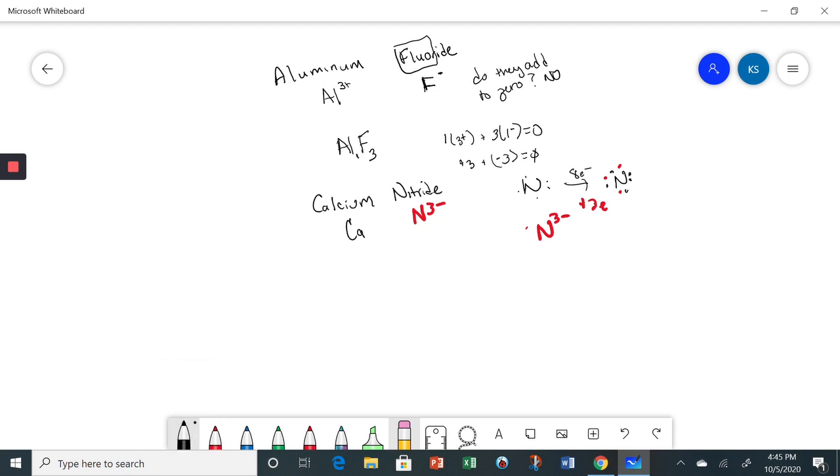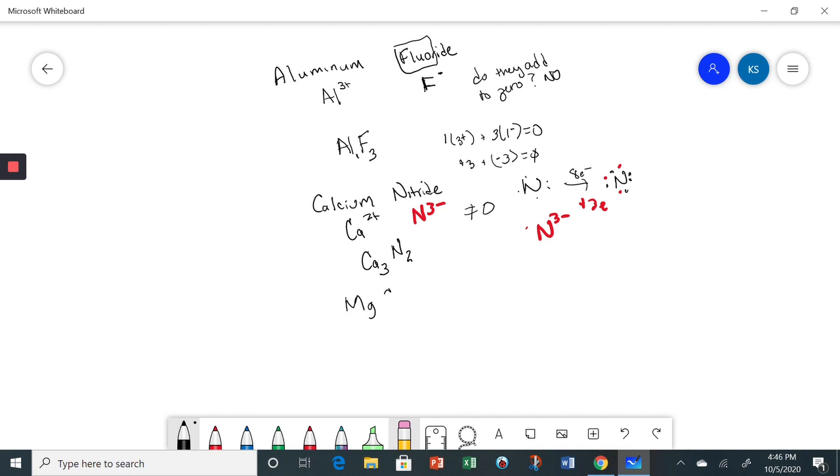So calcium will be a 2 plus. Do they add up to 0? That does not equal 0. I will crisscross. Calcium 3, 2 nitrogens. But it's just called calcium nitride. Simplest ratio. Don't have to do anything to it.